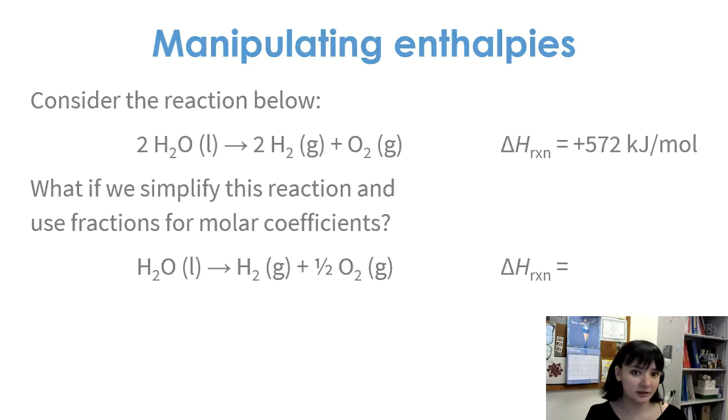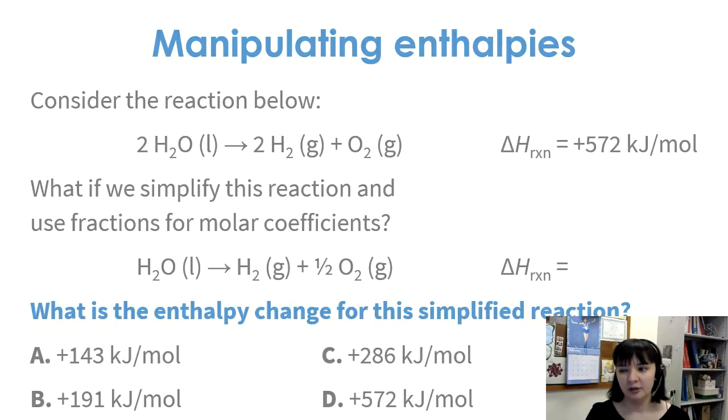I have 1 mole of H2O producing 1 mole of H2 and a 1/2 mole of O2. For this equation, what do we think the enthalpy change will be for this now simplified reaction? So what is delta H in this scenario? All right, so hopefully you're thinking proportionally here, and about what exactly delta H means in terms of per mole.